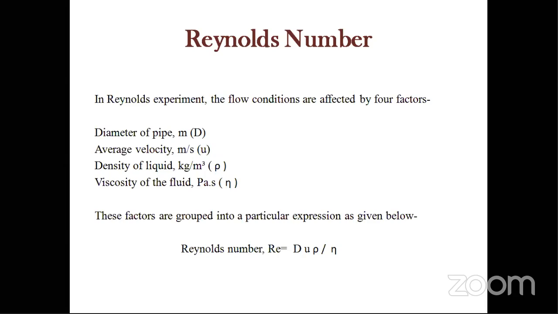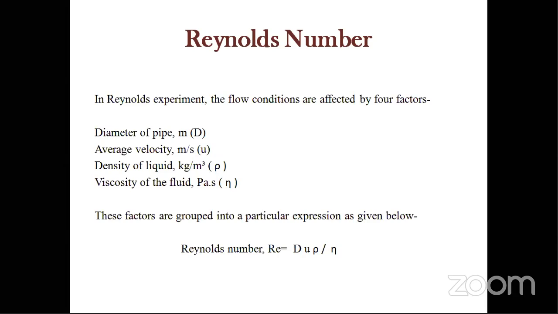So these are the factors, and when Reynolds put them in an equation, the Reynolds number is Re equals capital D small u rho by eta. It depends on the viscosity of the liquid, and is also connected with the diameter, the average velocity of the fluid, and the density of the fluid.